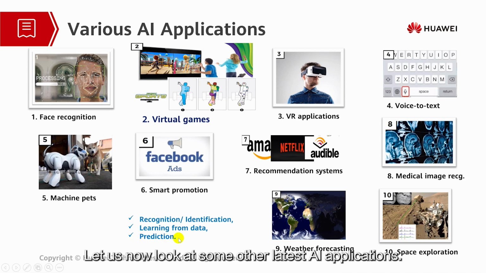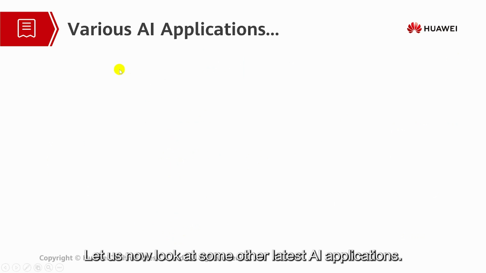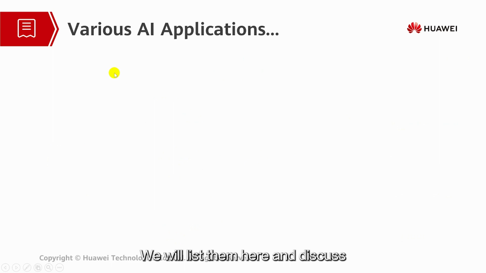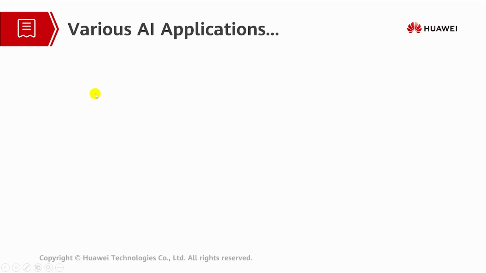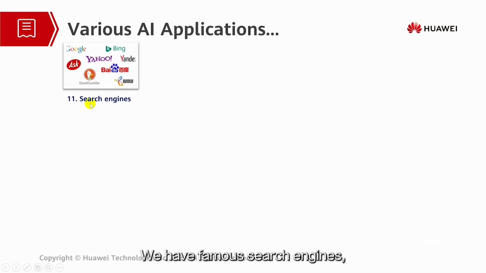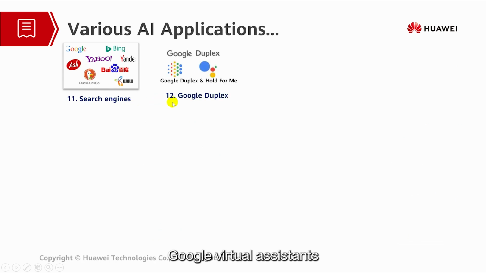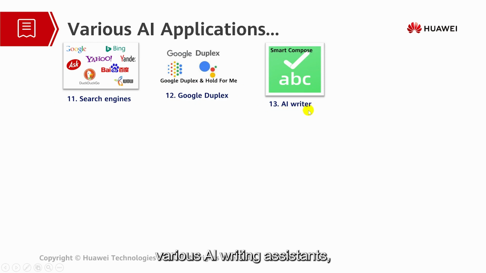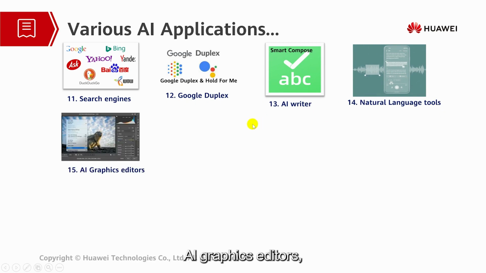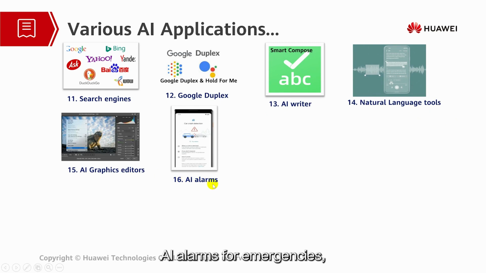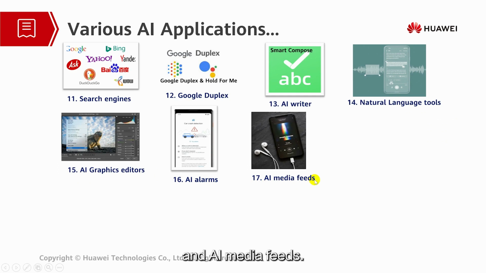Let us now look at some other latest AI applications. We will list them here and discuss some of the applications in detail in our future course. We have famous search engines, Google virtual assistants, like Hold for Me and Google Duplex, various AI writing assistants, many natural language processing tools, AI graphics editors, AI alarms for emergencies, and AI media feeds.